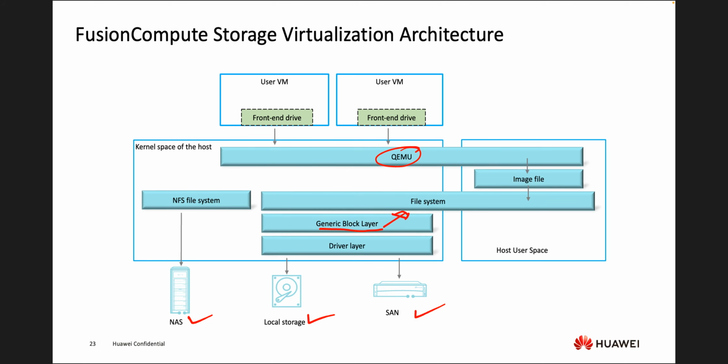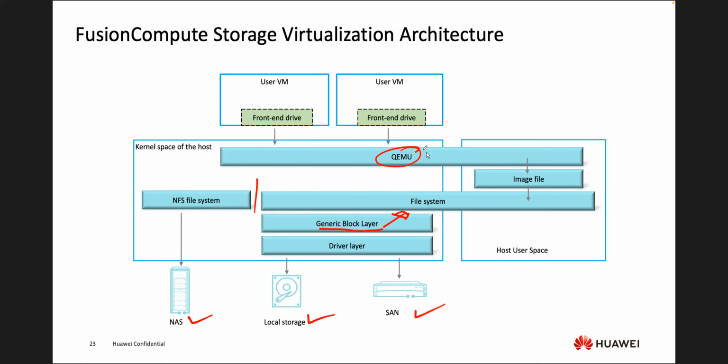So this is just showing you an idea of how the whole architecture works with FusionCompute. You have a file system, in this case NAS, that's separate, but it connects to this block layer or driver layer, which then allows it to access the QEMU in most cases, or the image file.